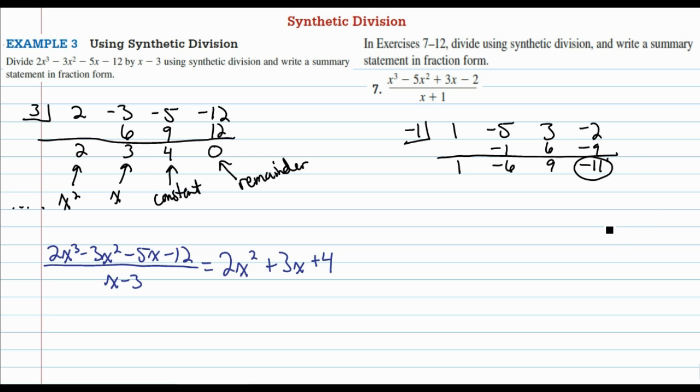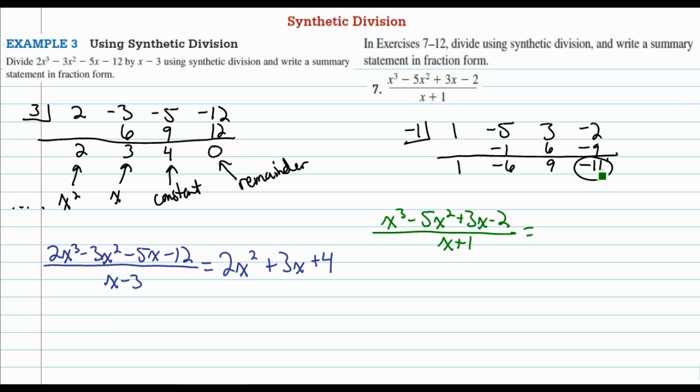It's -11. So to write my summary statement in fraction form, the original fraction I divided was given to me this time. x cubed minus 5x squared plus 3x minus 2 all over x plus 1, so divided by x plus 1, got me, okay, so here's the weird part, because I need to read from left to right, but I need to figure out what that is from right to left.